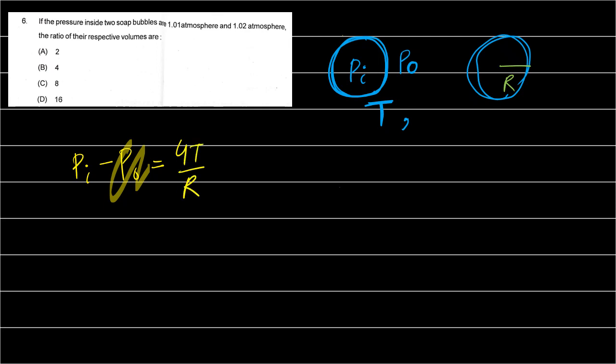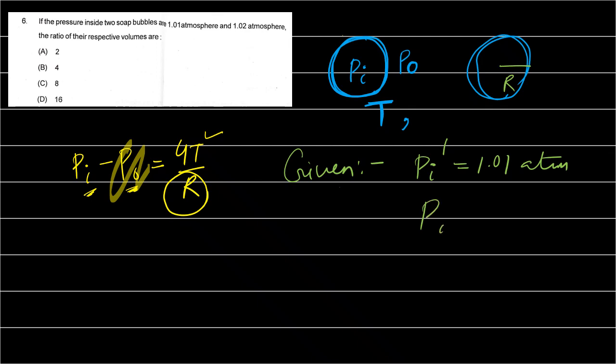From here the Pi is given, P0 is given. T is the same for both bubbles because both are soap bubbles. From that we can calculate this R. What is given? Pi1 is 1.01 atm.